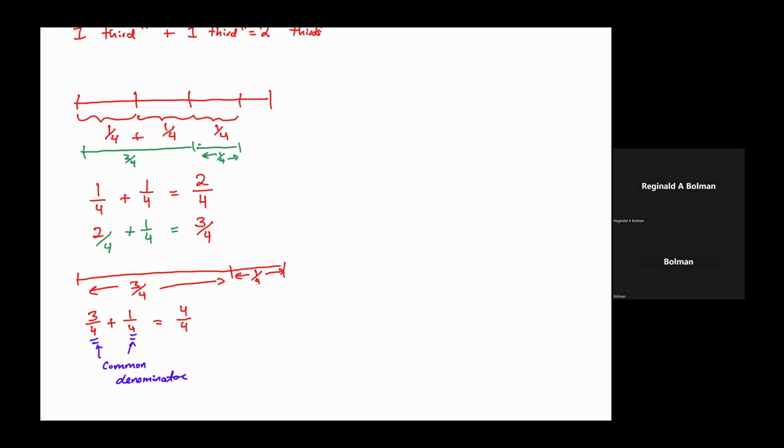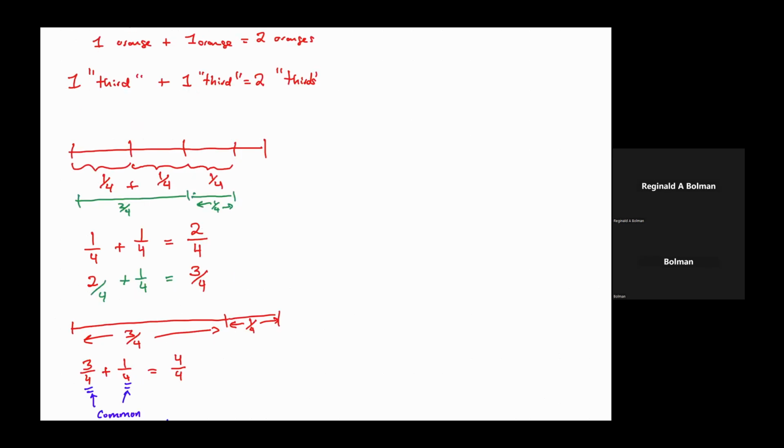We can add those pieces together straight across the top, and the answer actually makes sense. In this case, we added 3 with 1, giving us 4, right? And earlier, when we took 1/4 with 1/4, we added across the top because there again, we have a common denominator.